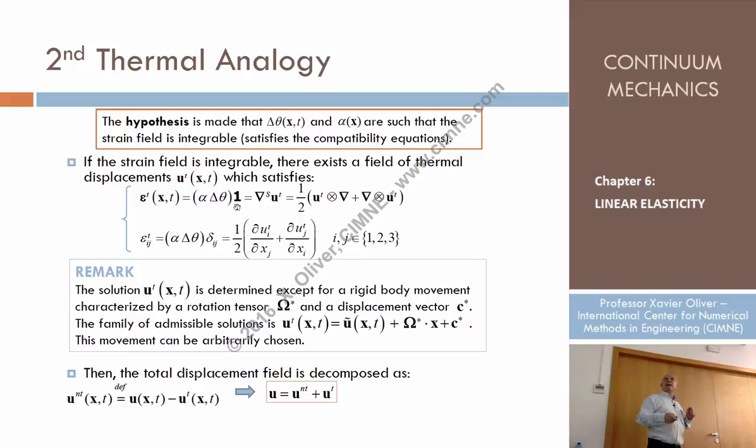In order to do that, that displacement field has to fulfill the compatibility equations. Let me just keep the remark at this point, saying that, okay, let's assume then that this distribution alpha delta theta 1 is a strain field which is compatible. If it's compatible, then we can obtain some displacement field such that the symmetric gradient of this displacement field is equal to the thermal strains.